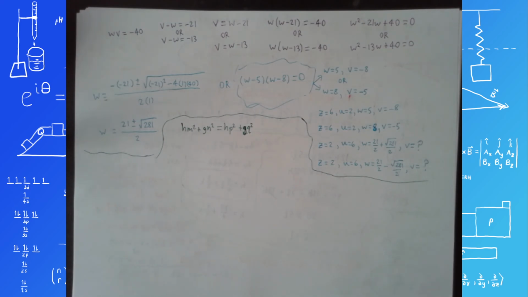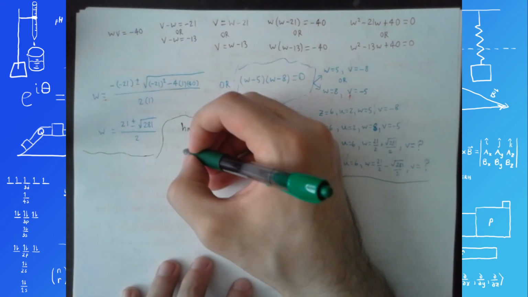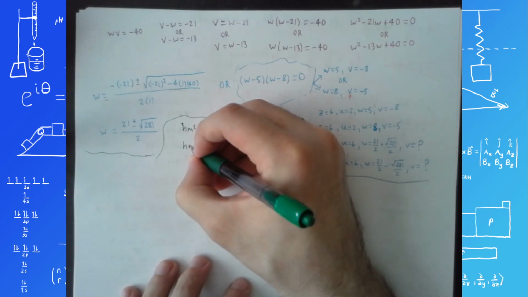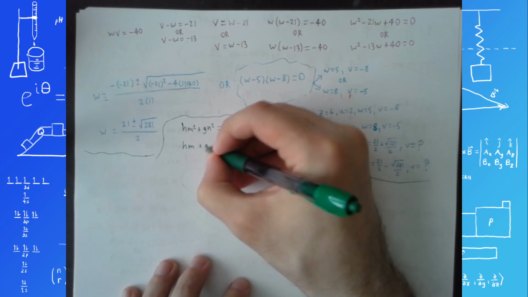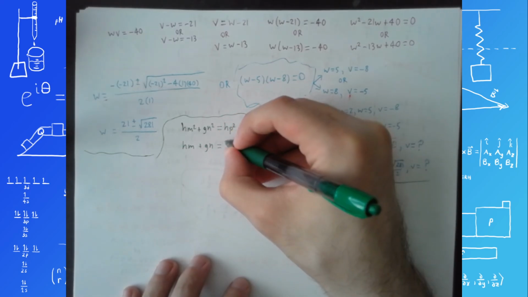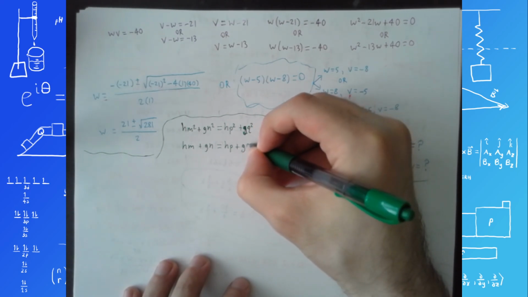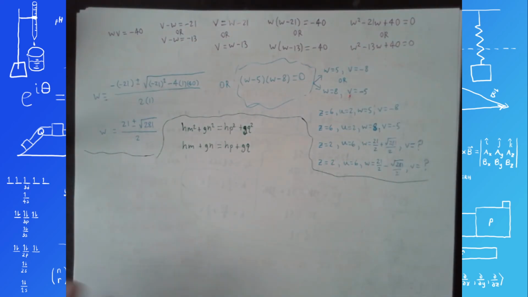And then the second equation is hm plus gn, basically the same thing without the squares, equals hp plus gq. Gotta slow down when writing those so I don't screw them up.